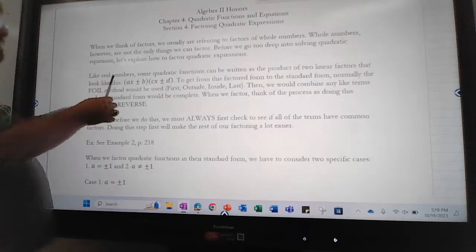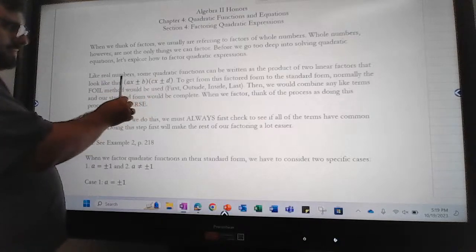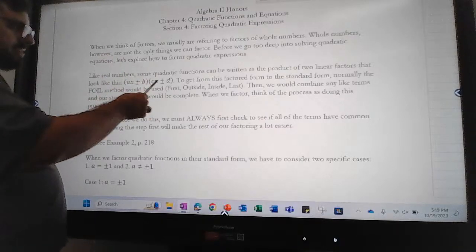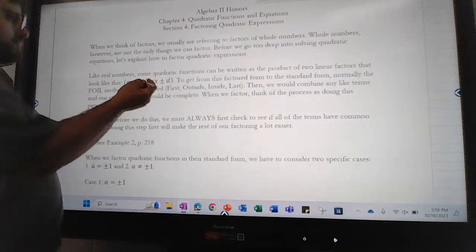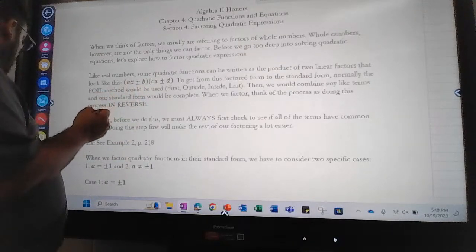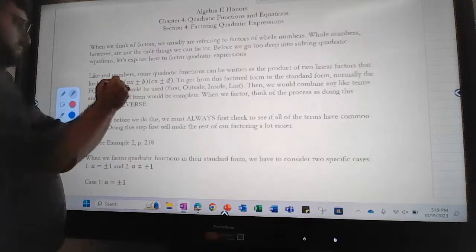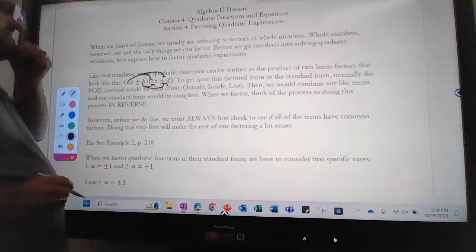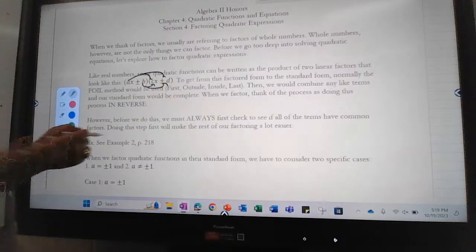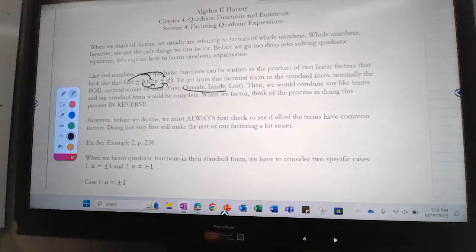So, for example, if I have two binomials, something x plus this, something x plus that, if I wanted to expand this to get it into standard form, normally I would FOIL, where I would do first, outside, inside, last. And then I'd combine like terms, specifically the inside and outside terms, and the standard form will be complete.